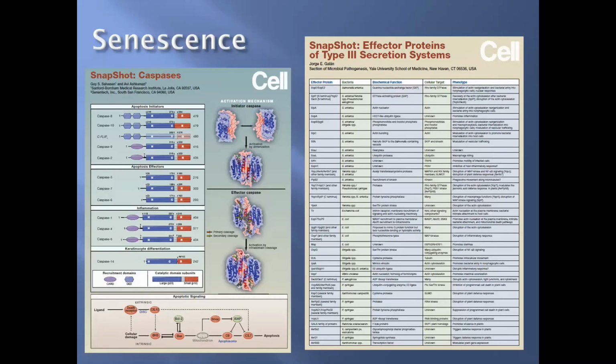So the main pathway that is reported that this type 3 secretory system attacks is this caspase system. It attacks it at multiple different levels, and then there are other apoptotic pathways that are blocked by these different effector proteins.